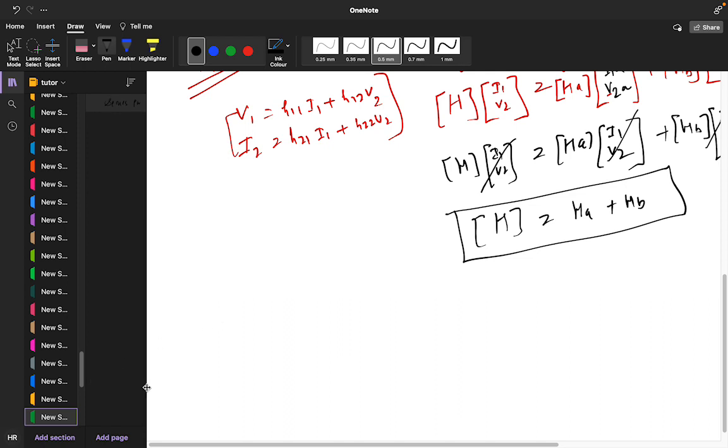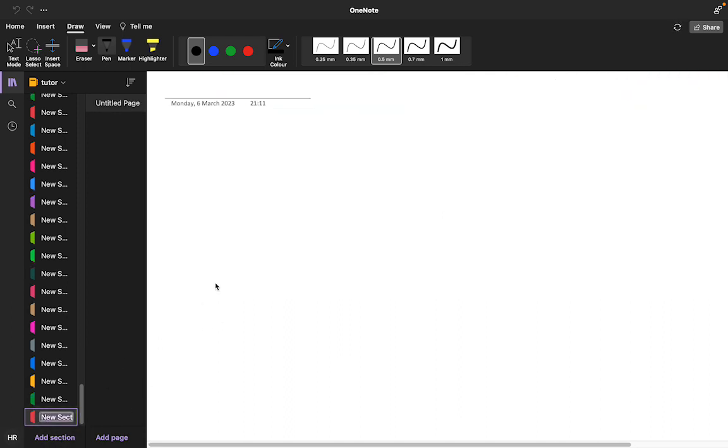Now write the fourth combination. We have taken all the combinations. Series-parallel we took, so it will be parallel-series.